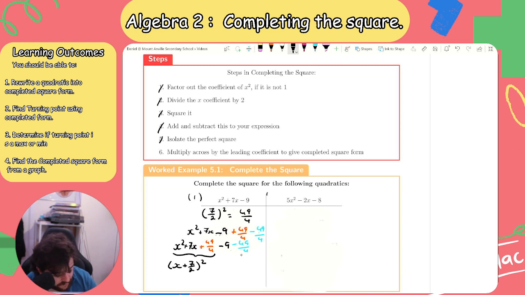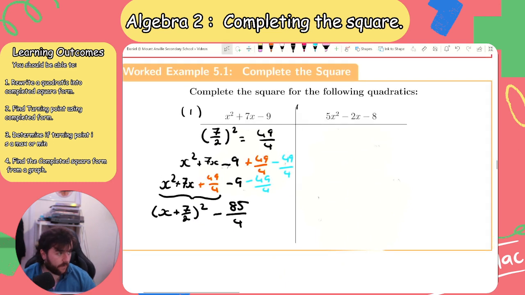Then I simplify minus 9 minus 49 over 4. That is going to give me minus 84 over 4, I believe. Let me just double check my answers. Sorry, minus 85 over 4. And that is my completed square form there.